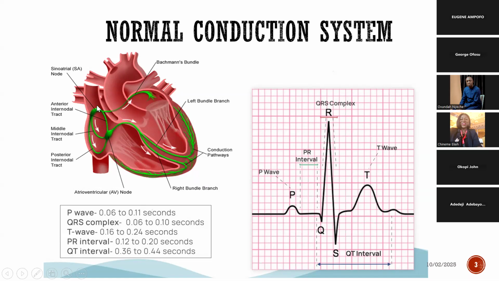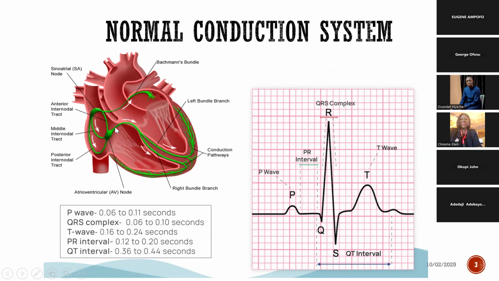So impulses from the SA node pass through these channels and eventually end at the AV node, and then go to the bundle of His, to the right and left bundle branches, and further to the Purkinje fibers to activate both ventricles.